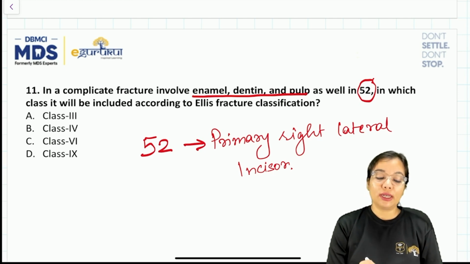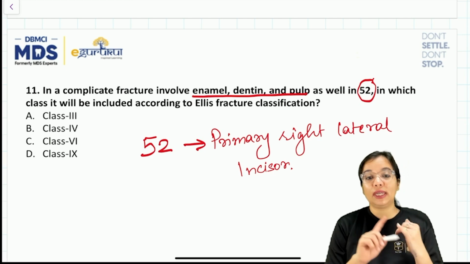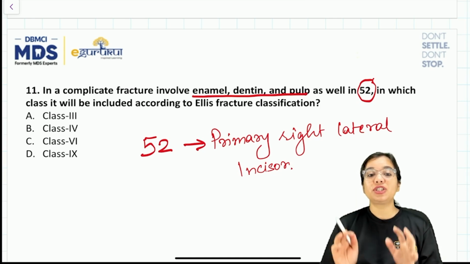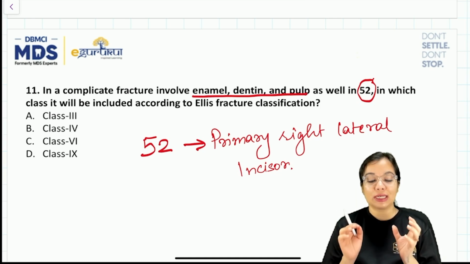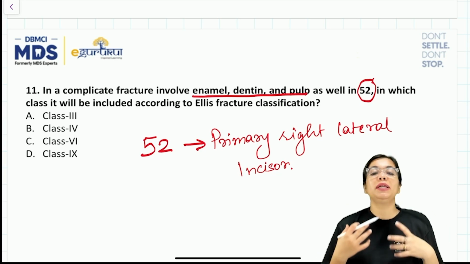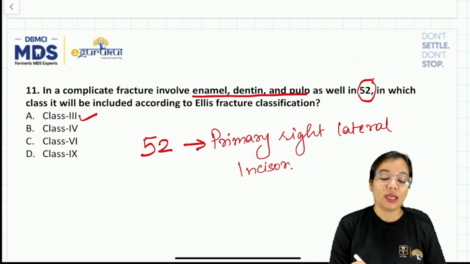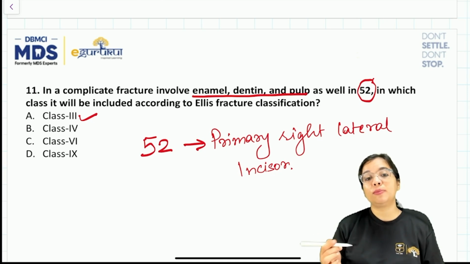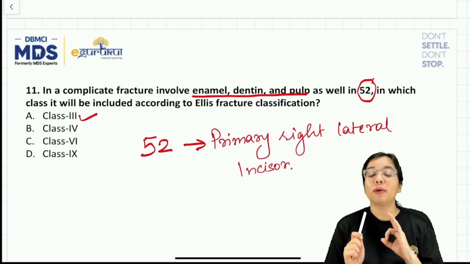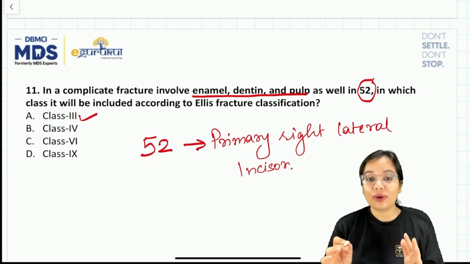So in a complicated fracture involving enamel, dentine and pulp in tooth number 5-2, which type of Ellis classification will it be? When you see such a question, you immediately jump on class 3, because class 3 Ellis fracture means where there is involvement of enamel, dentine and pulp. But just read the question twice.